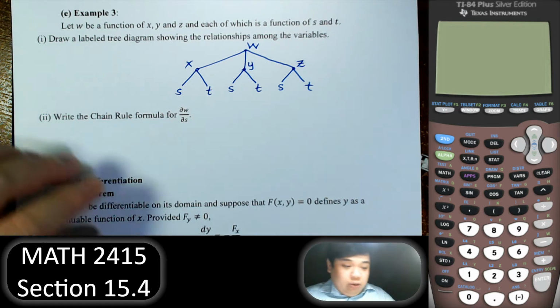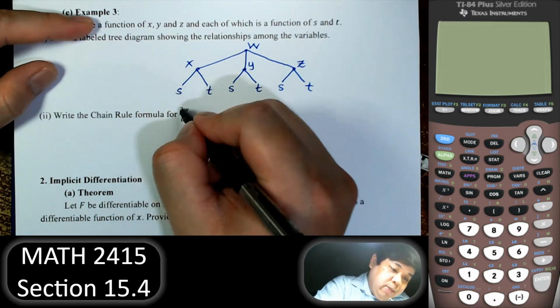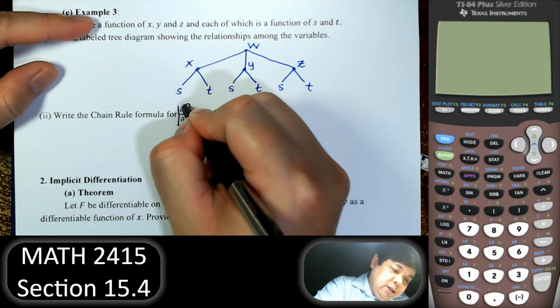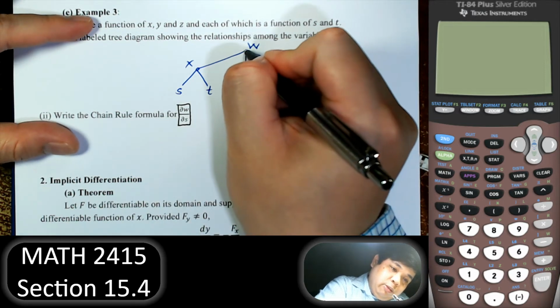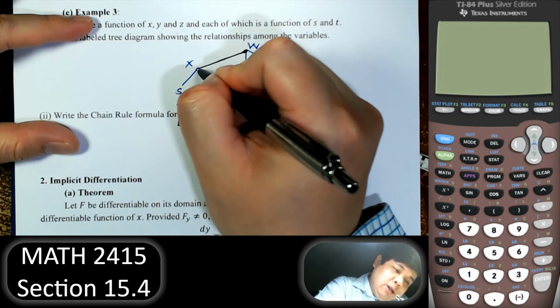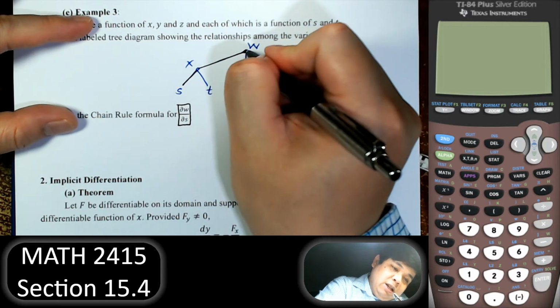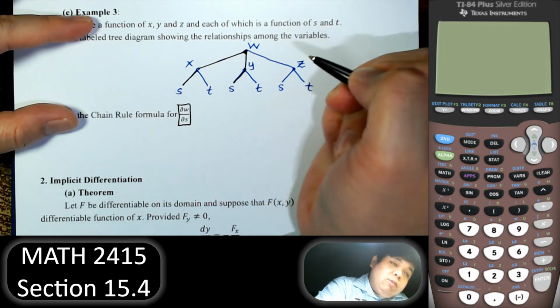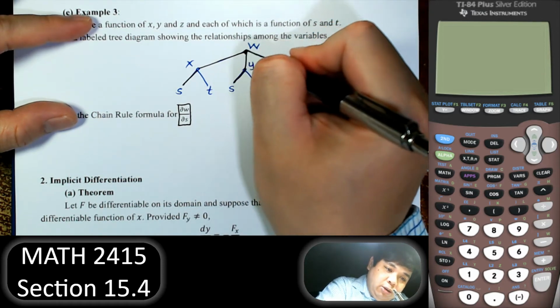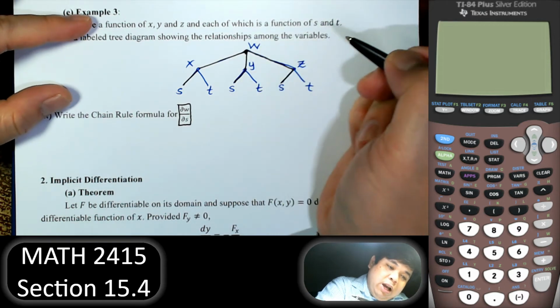And what we are asked to find is the derivative of w with respect to s. So we can go from w to s, w to s, from w to s.